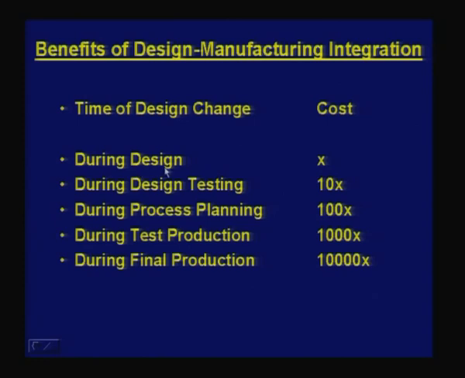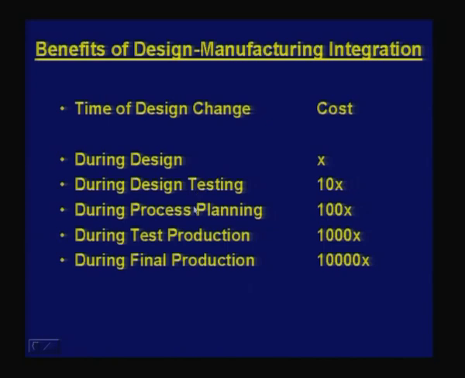For example, if I carry out any number of changes in my design during the design stage itself, it costs less, but once I have finalized a design and I am going for functional testing, if I try to change a design, then it costs a little more, you have to go back and redo the design process. Then it has been tested, you have a detailed drawing, detailed design, and you are going for manufacturing.